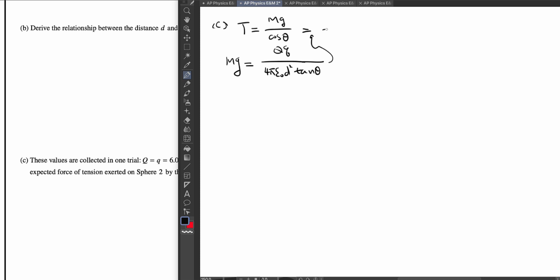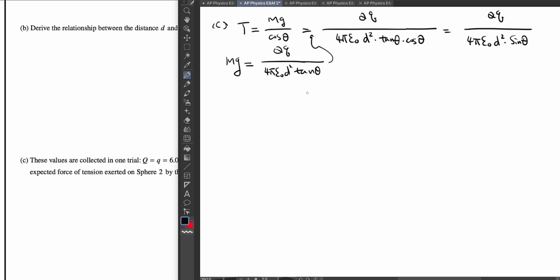Then we get qq over 4 pi epsilon naught d squared, and then tangent theta, and then cosine theta. So cosine theta is from this expression. And we know tangent theta is sine over cosine, so cosine will cancel out. And then we get qq over 4 pi epsilon naught d squared sine theta.